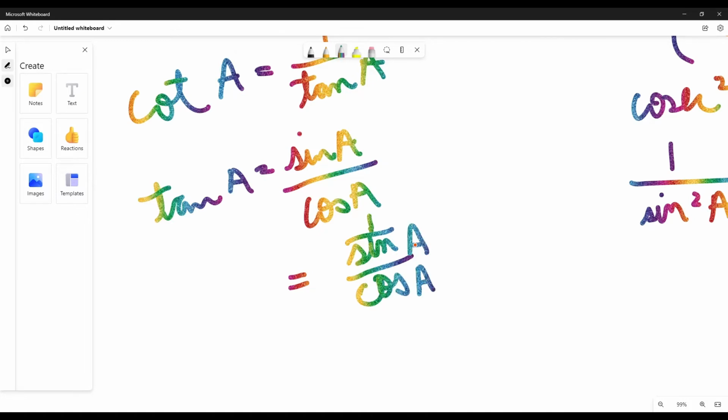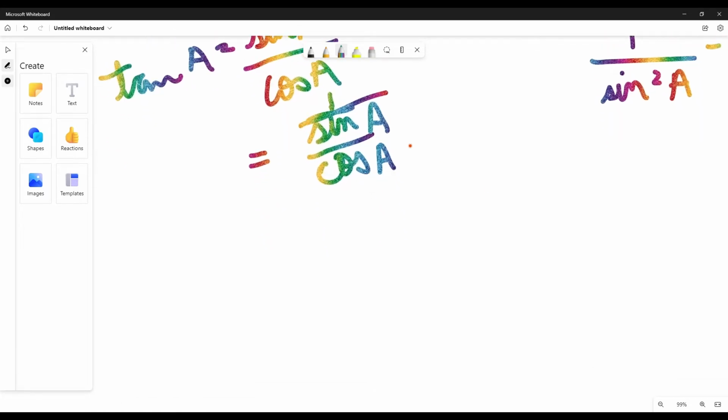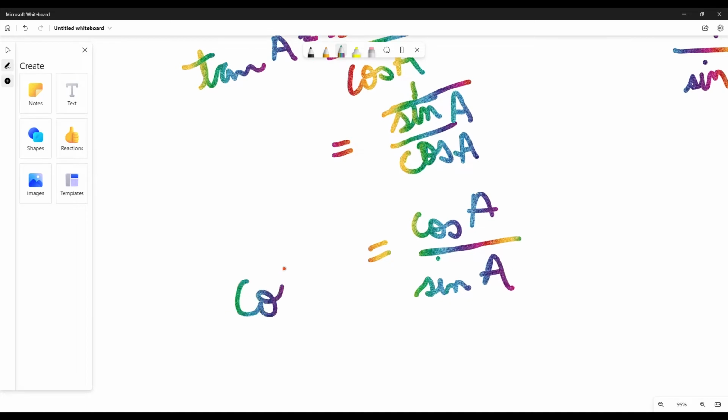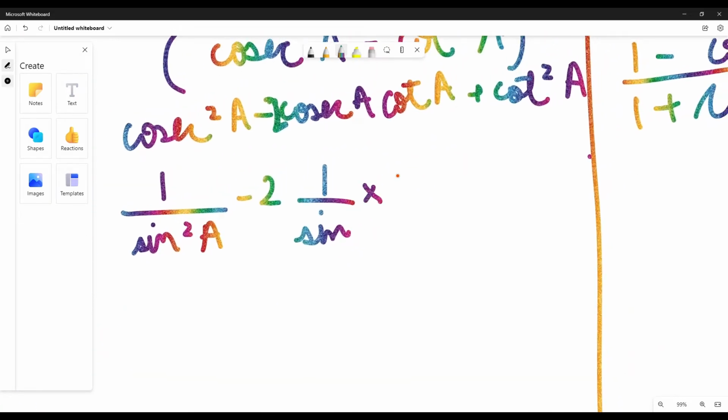Nothing much. Then we just invert this. This is up, so this will be down. This is down, this will be up. When we bring it to the topmost, it is cos a upon sine a. So this is the value of cot a. We can directly use this identity. There is no use of showing it here because no one would see that, and it would just waste our time and space. So just directly write it.